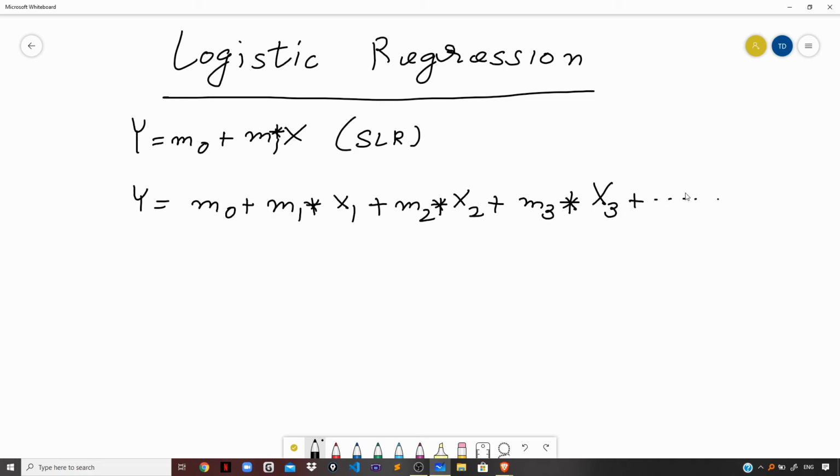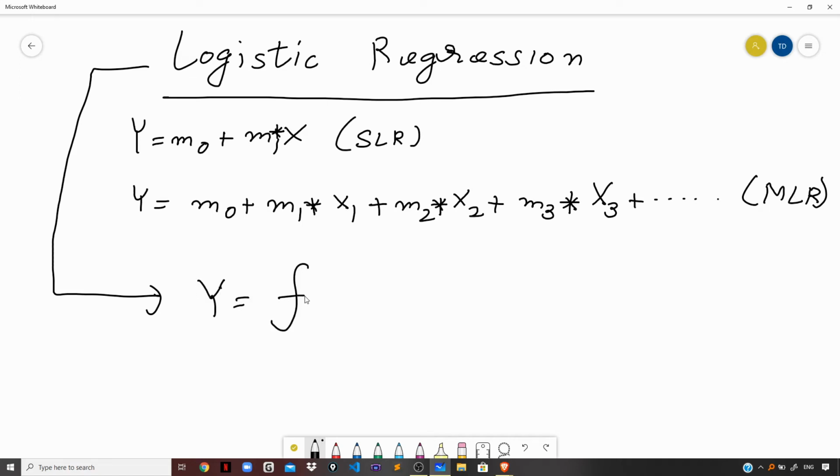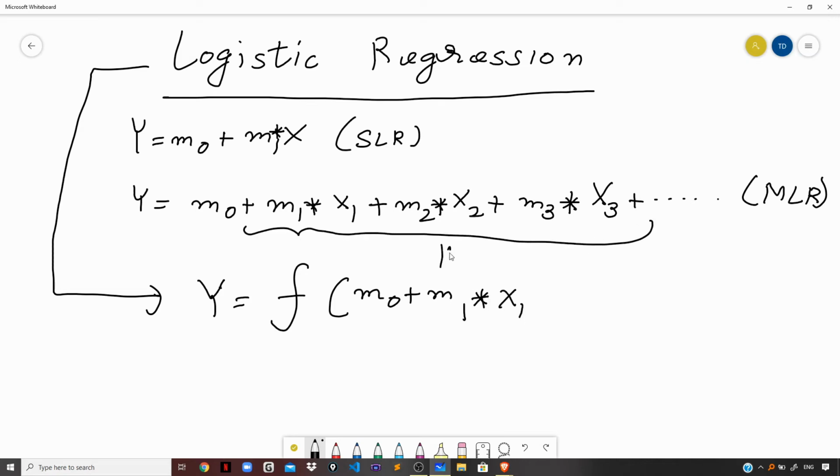So let me write down the equation for logistic regression. Now it is of the form, so this is for multiple linear regression. For logistic regression, the equation is of the form y is equal to a function of m0 plus m1 into x1, so you can directly put this here, plus m2 into x2 and so on.